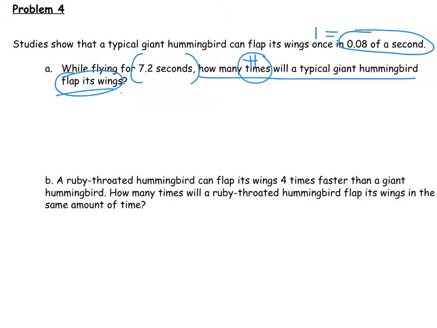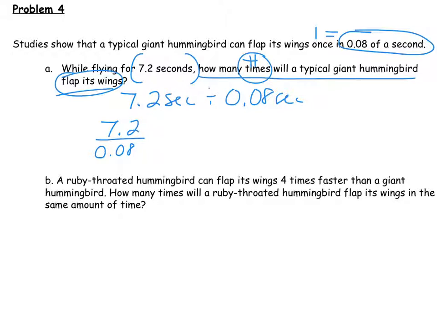So I know I'm taking my 7 2/10 and I'm dividing it by how many it can do for one flap. So that's 8/100 of a second. So let's write that as a fraction. 7 2/10 is my numerator, 8/100 as my denominator.